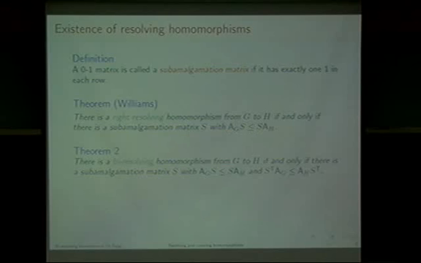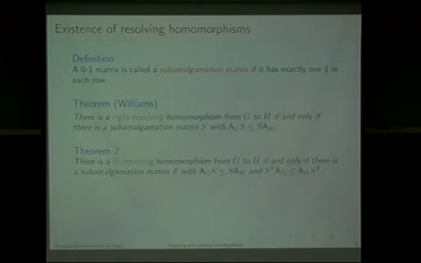Note that the equality condition is replaced with an inequality sign. Then, similarly, we can show that there is a bi-resolving graph homomorphism from G to H if and only if there is a sub-amalgamation matrix satisfying a similar condition in which the equality sign is replaced with an inequality sign.